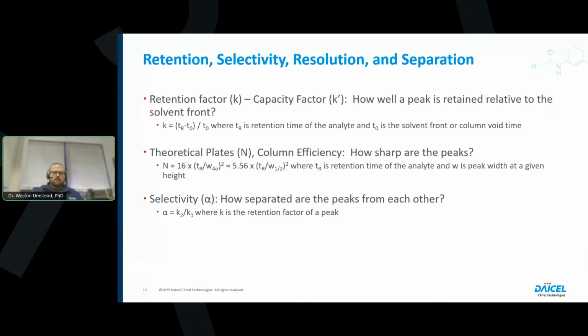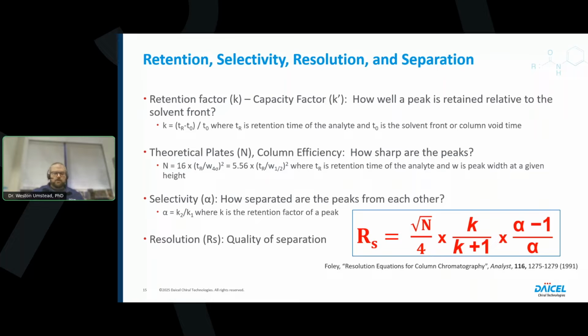Now, there is some interchange of terms. Oftentimes, selectivity and resolution are used interchangeably. But as you see here, they are actually different from each other. So we'll try to make that distinction as we talk about optimizing our separations. Selectivity is a reference of how well the two peaks are separated from each other.